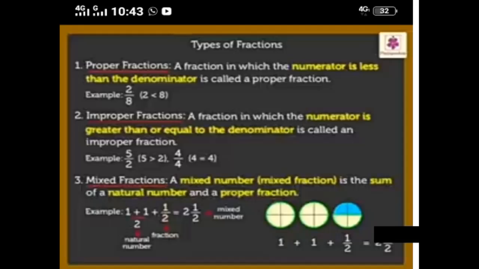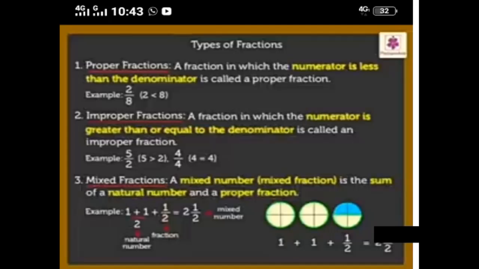Next, one fractional part is also there. How many fractional parts are there? A half portion. What is the sum? 2 and a half. There are 3 circles and only a half portion is colored. How many portions are unshaded? 2 and a half. That fraction, 2 and a half, is a combination of a natural number and a fractional part.